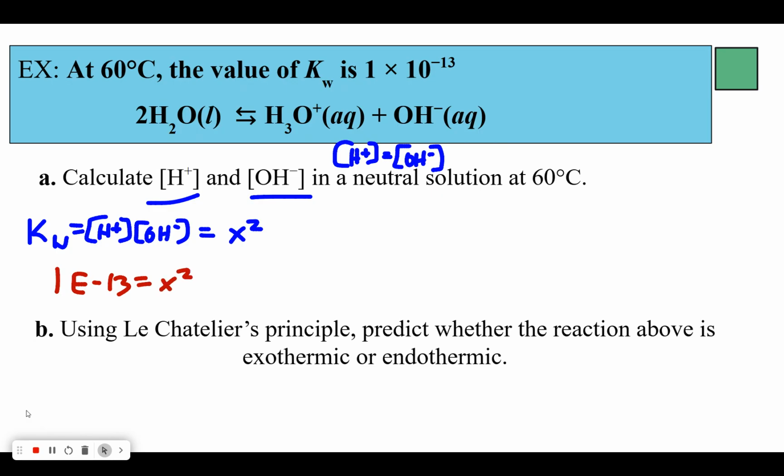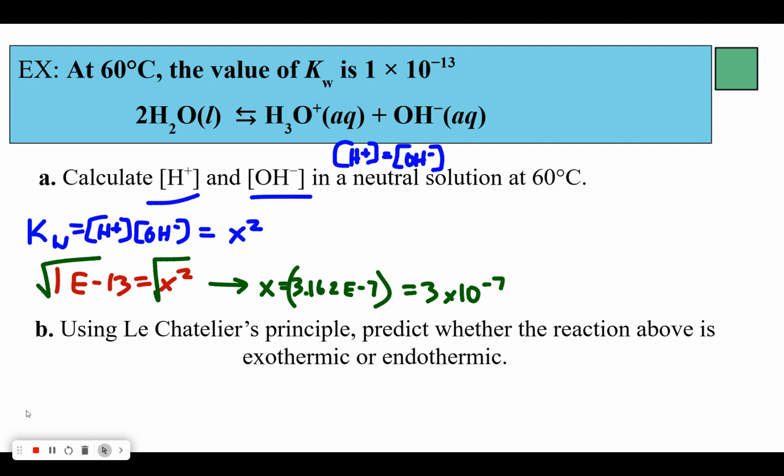If that's equal to X squared, then we square root each side, and that tells us that X is equal to 3.162 e negative 7. That's our unrounded answer. I did only give you 1 sig fig here, so I am going to round this to just 1 sig fig. 3 times 10 to the negative 7.